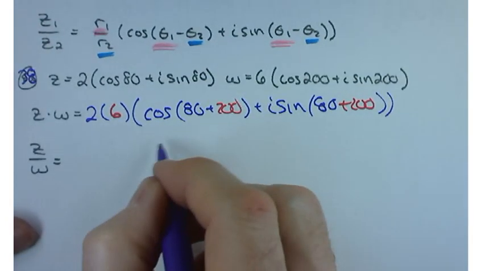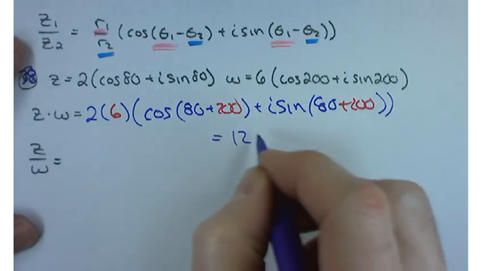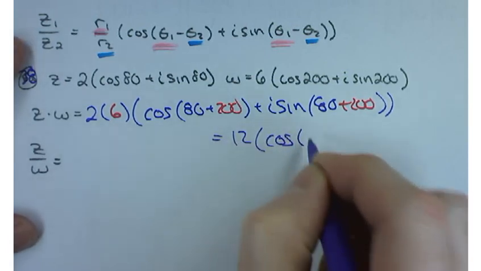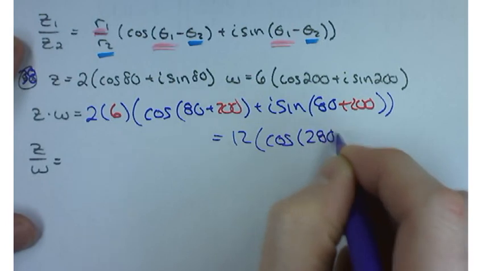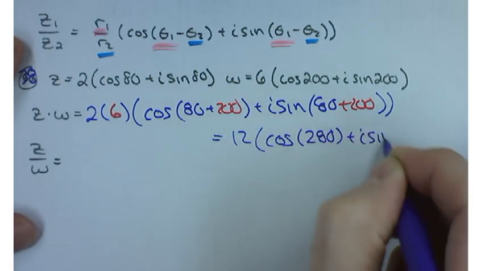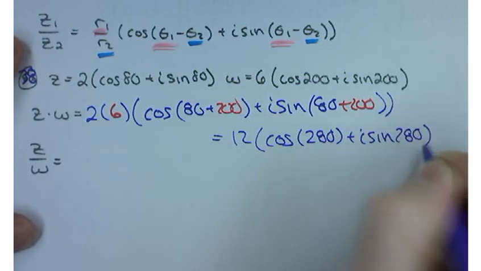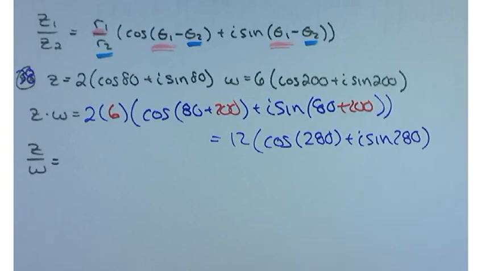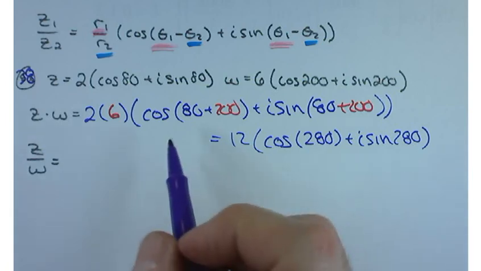In other words, 12 times the cosine of 280 plus I times the sine of 280. And that's nice. What it avoids is having to FOIL things out. It's pretty quick, and actually pretty simple.